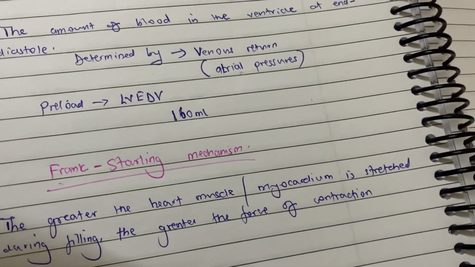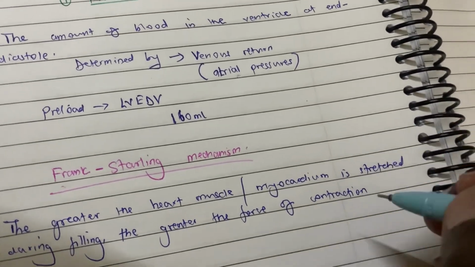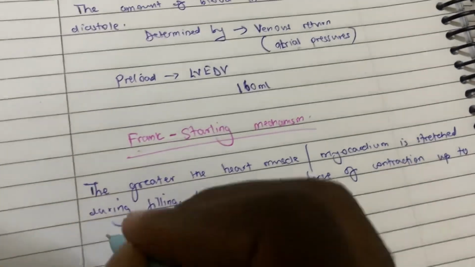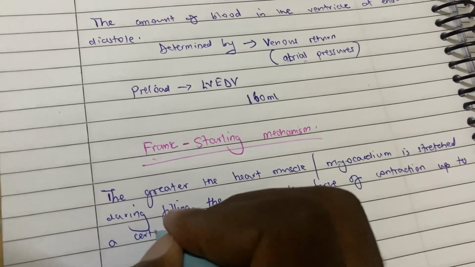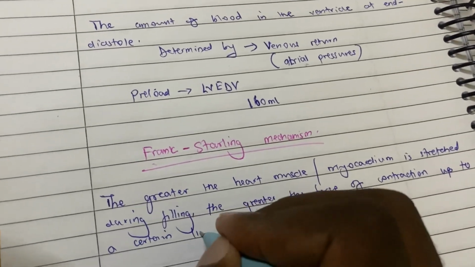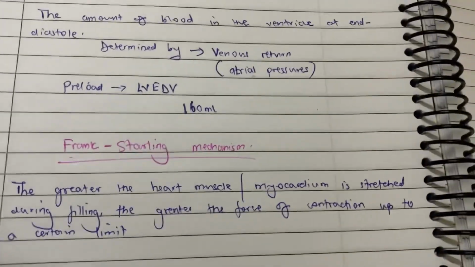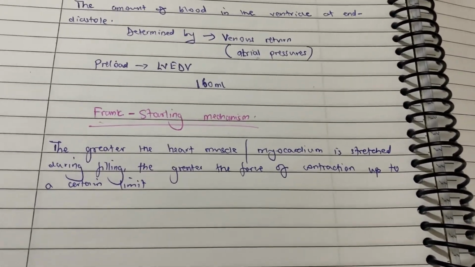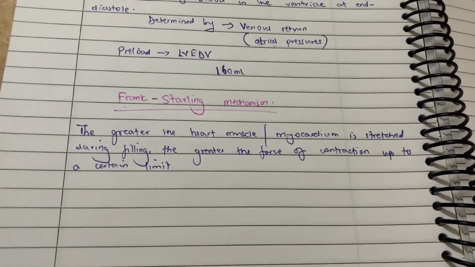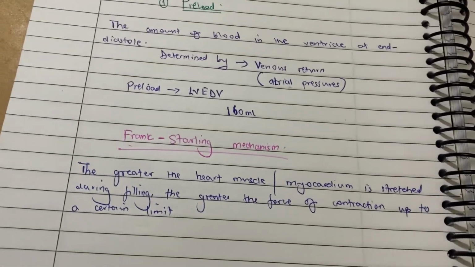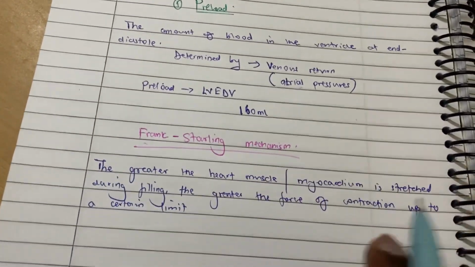The greater the force of contraction, that is up to a certain limit. This one is not limitless. There is a limit beyond which the force of contraction reduces. We are going to look at the mechanism underlying the Frank Starling law.